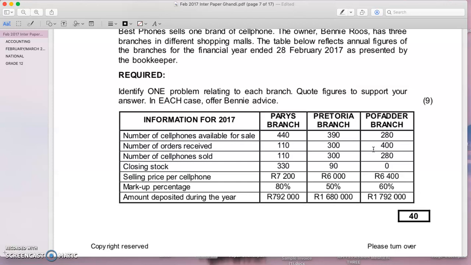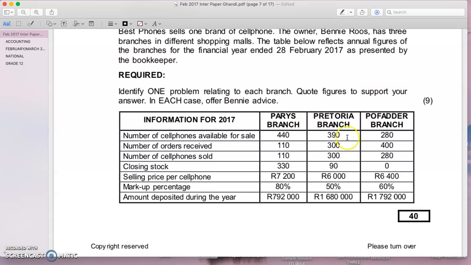And the problem here is that we don't have enough stock, or there's poor stock control. That means we need to be ordering more phones, ordering more stock, or we need to decrease the number of orders we take if we can't do that. And no stock on hand means poor planning.